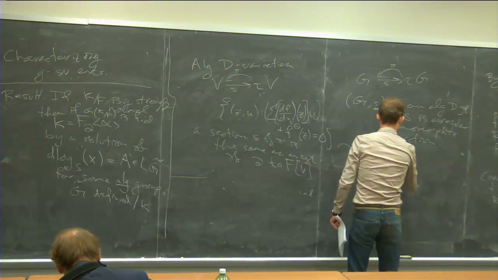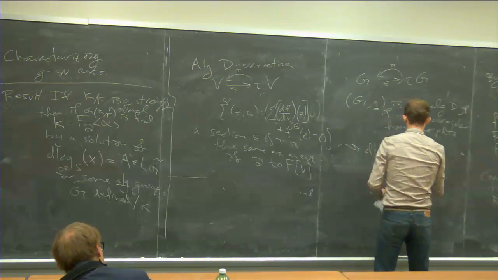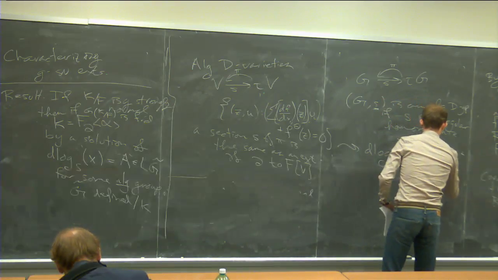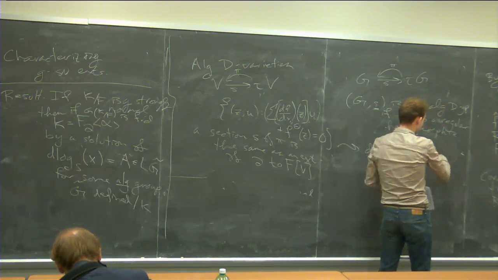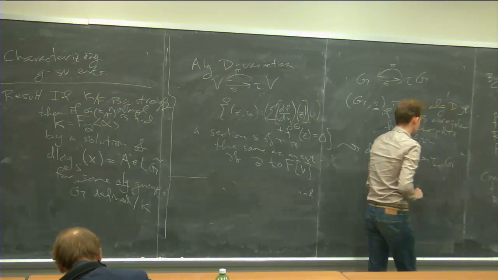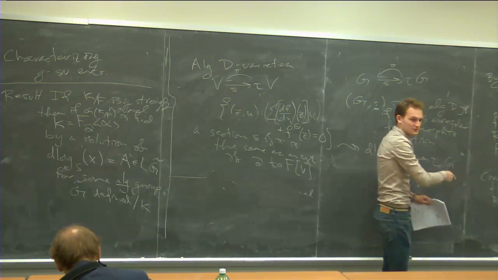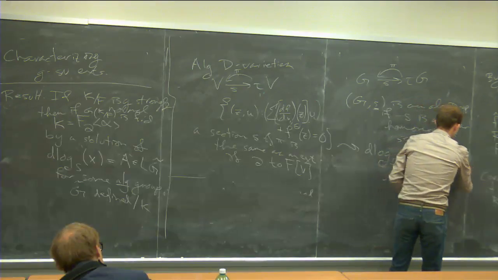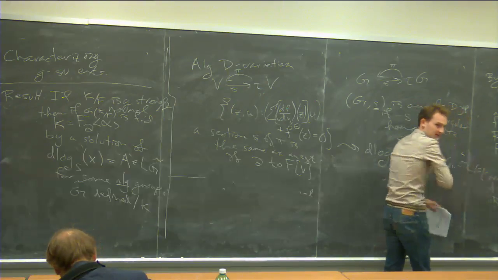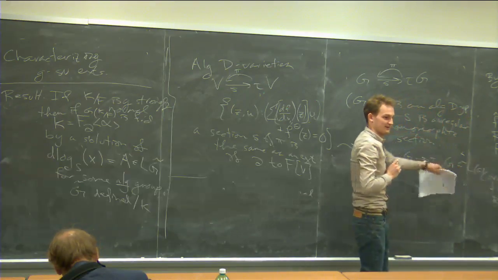So d log sub S from G to the tau space of the identity of G. It's just a torsor of the Lie algebra, so we'll identify it with the Lie algebra, but we'll just write the coordinates here.